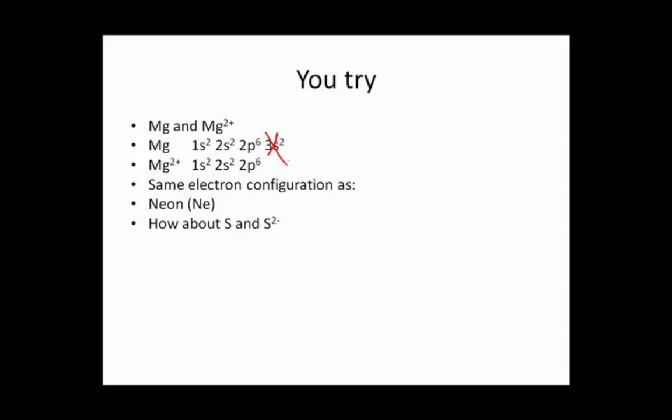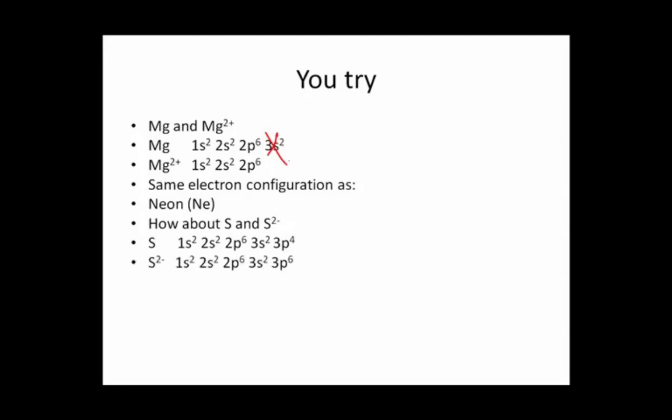How about sulfur and the sulfide ion, the 2- ion? Sulfur has an electron configuration of 1s2, 2s2, 2p6, 3s2, 3p4. It wants to fill up those orbitals. In order to do that, it needs 2 more.